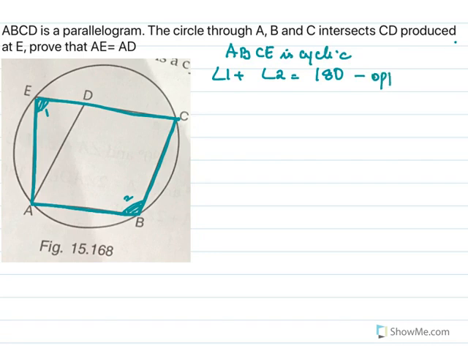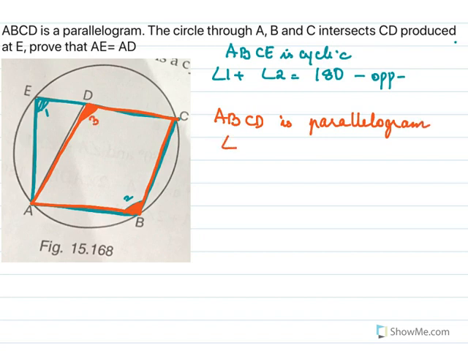So first state: opposite angles are supplementary. Now I have a parallelogram ABCD, so opposite angles are equal. Angle 2 equals angle 3.